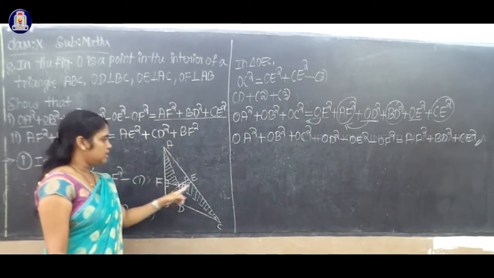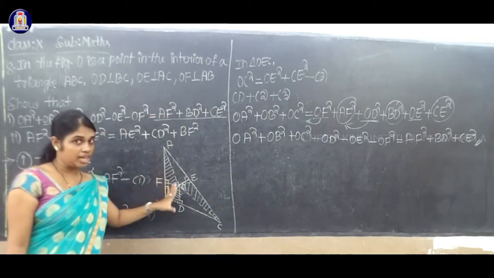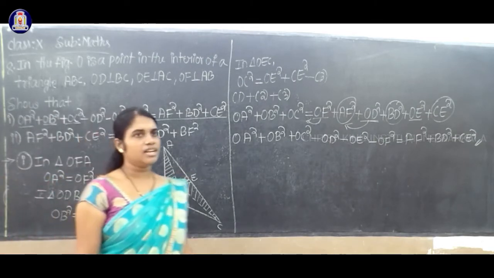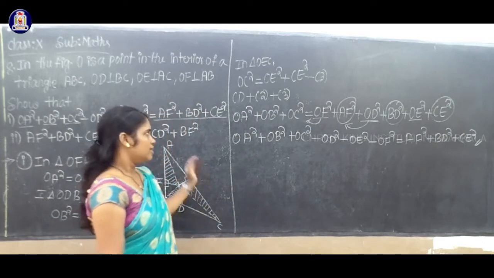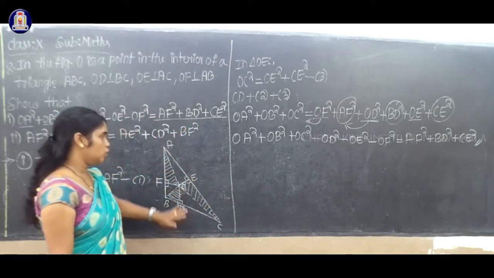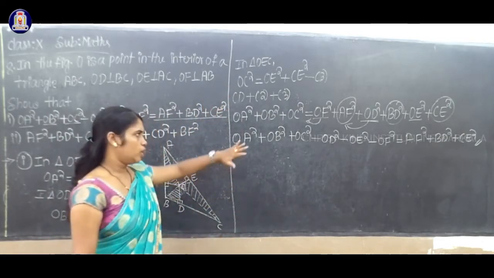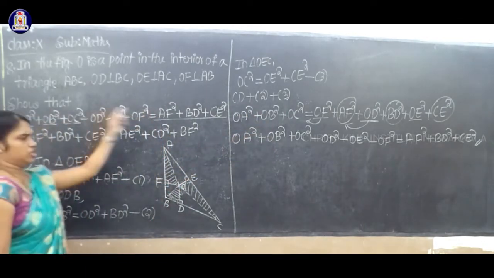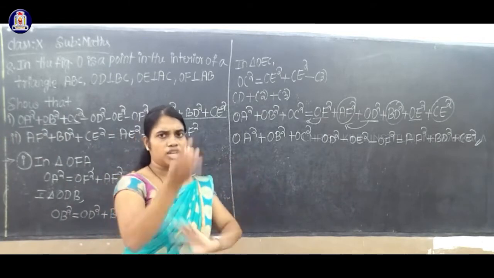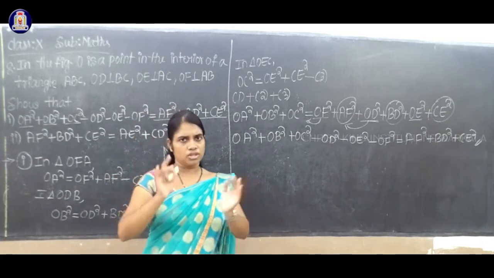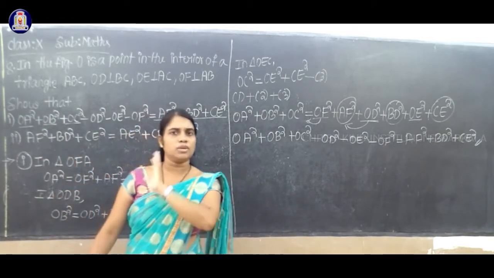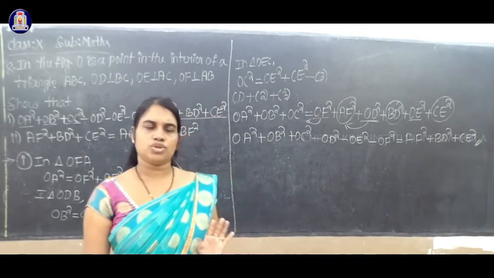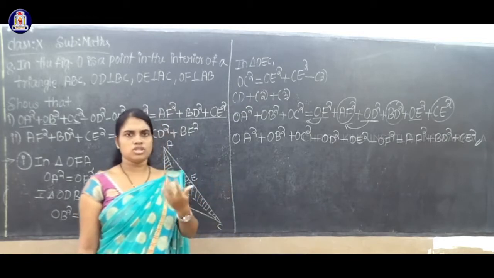Just take the 3 right angled triangles, shade them, then apply Pythagoras theorem to these shaded right angled triangles. Then add equation 1, equation 2 and equation 3. Then adjust those equations by referring to your question. Which terms are required in the right hand side, you keep them there only. The remaining terms are shifted to the left hand side. Understood now? So the first sub question is solved.